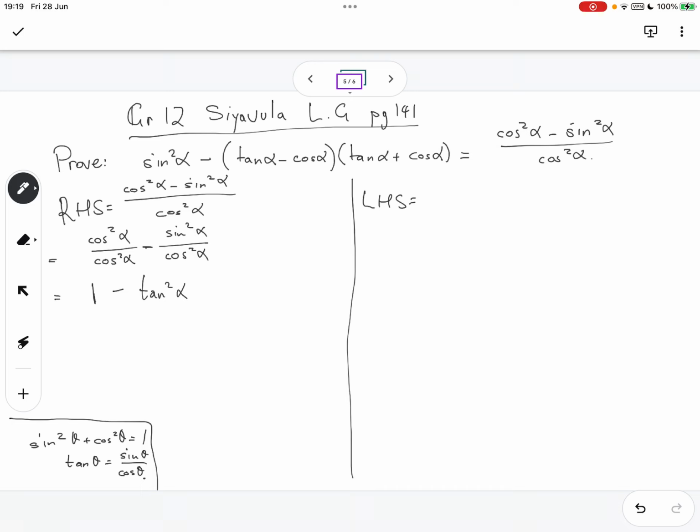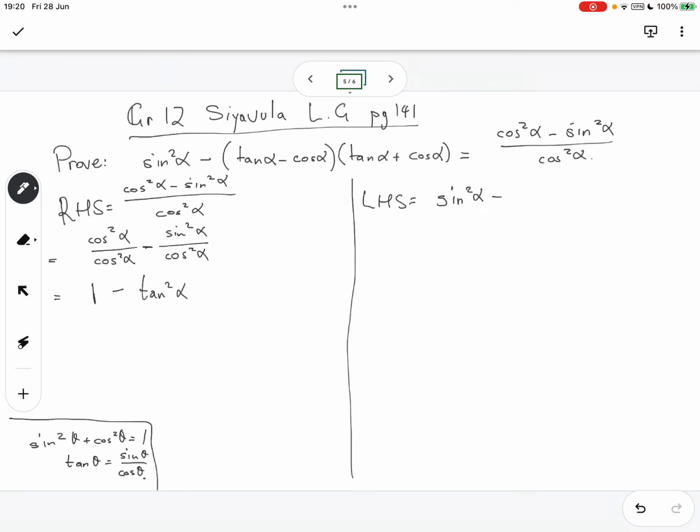I don't think we can simplify it any further, but maybe the left hand side we can simplify that, so we will have sine squared alpha minus, if we look at this expression here, it is a difference of two squares.